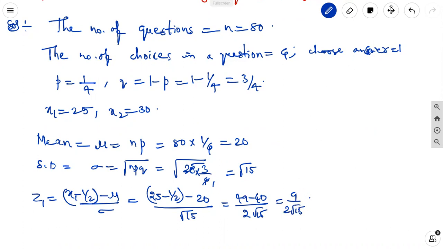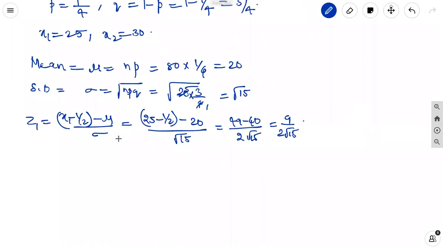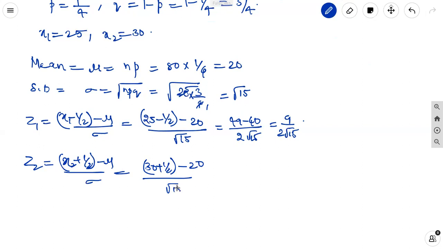The Z2 is equal to x2 plus 1 by 2 minus mu by sigma, that is equal to x2 is 30 plus 1 by 2 minus 20 by root 15.